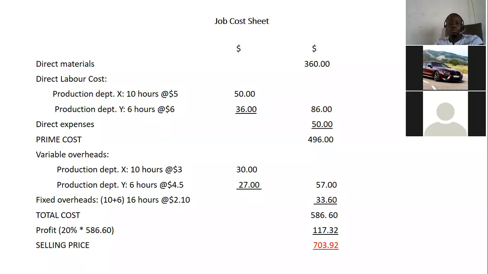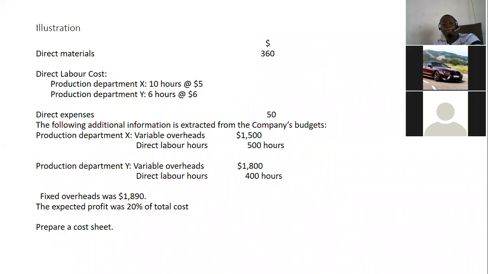Now, let's go back to the question. We were told in the information that the expected profit was 20% of total cost.